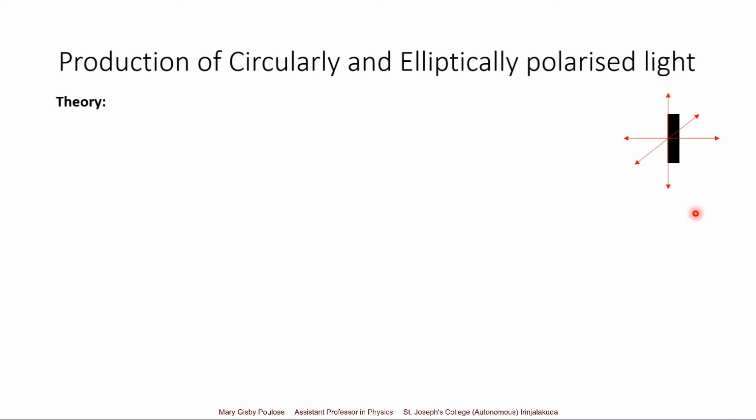Now let us theoretically derive how to produce circularly polarized and elliptically polarized light. For that, let us assume a Cartesian coordinate system where this is the x-axis, this is the y-axis, and this is the z-axis.